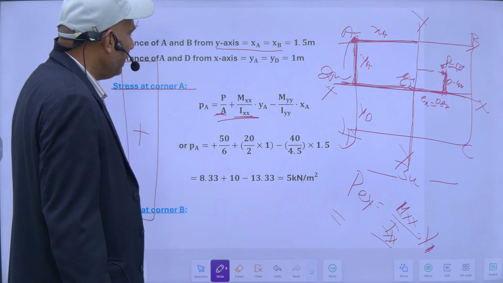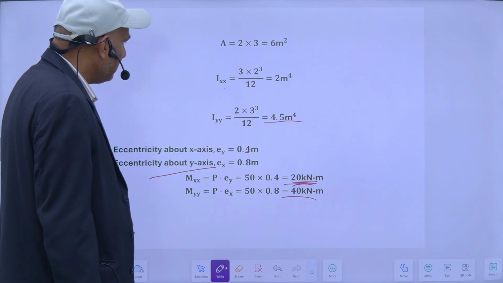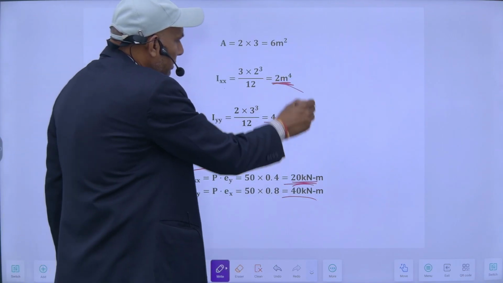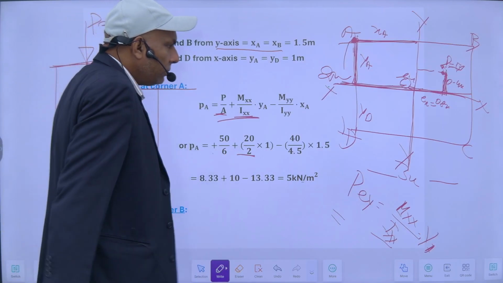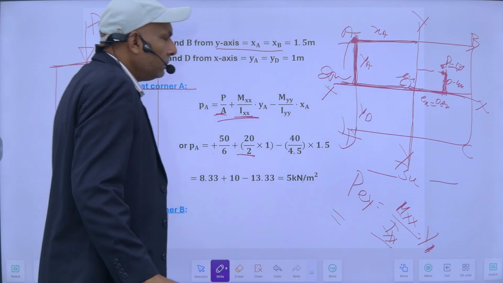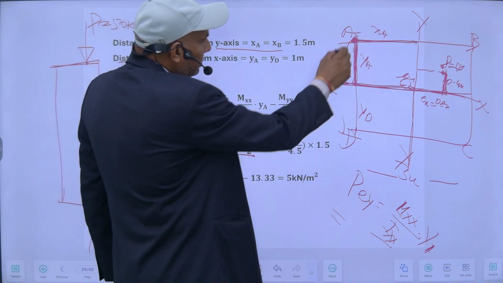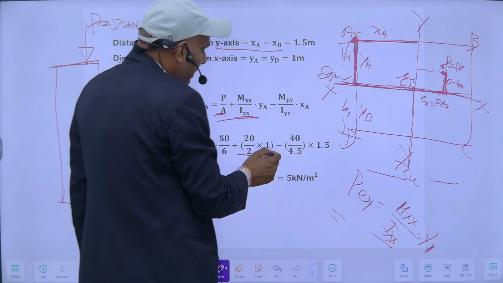So this will be my moment of inertia. So moment of inertia is Ix, this is 2, divided by 2 into its distance. This is 1 meter. So total is 2 meters. So it is 1 meter and 1 meter divided by 2.